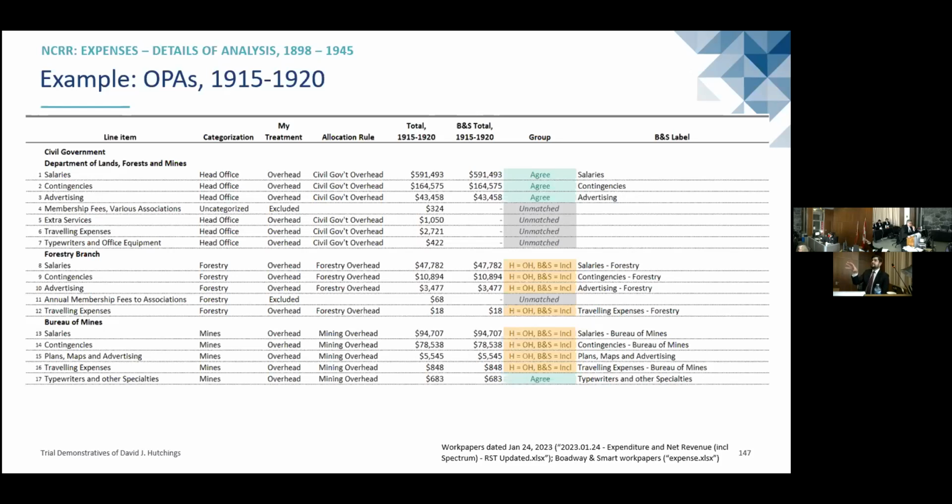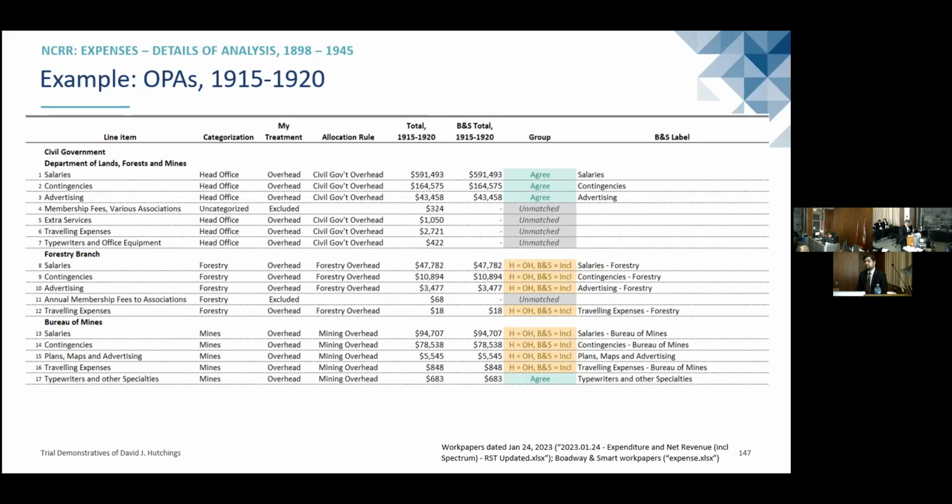So based on the exclusion of gas inspectors as one example, that's not relevant. And so the ratio of the relevant to the total, gas inspectors will be in the total, but not the top. So the overhead of this salaries component will be a little less than 100%. And that's why it's again colored yellow, those 4 lines in the group column, because I treat them as overhead. And Professors Bodway and Smart include them all.